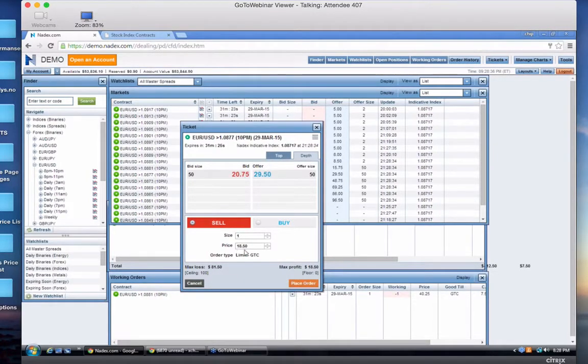I would be short at a price of 1850. I want the underlying to finish below the strike. I'm short. So my risk is to the upside, it's 1850 to 100, and that's why my cost is 8150.